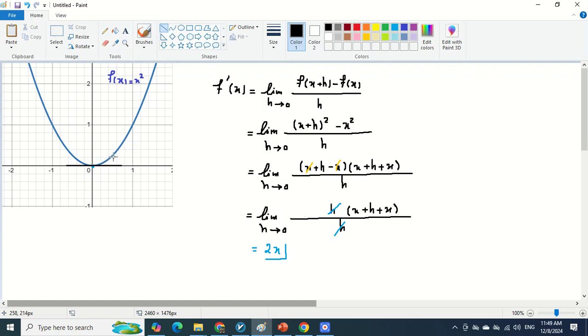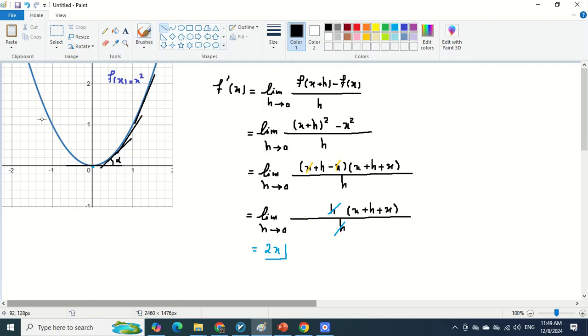And if we go to the right side of this graph, as you can see, the slope of this line is positive. Wherever I put the tangent line, the slope of that line is positive. It can be seen by the angle that we have over here. The angle over here is less than 90 degrees, so the derivative at the right side, where x is positive, is positive as well.